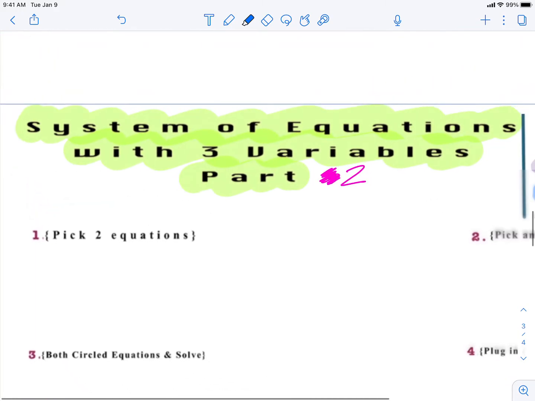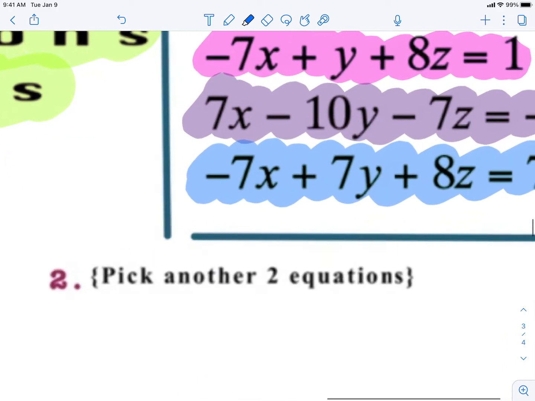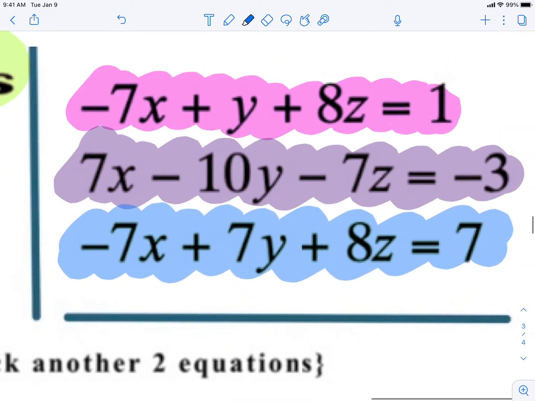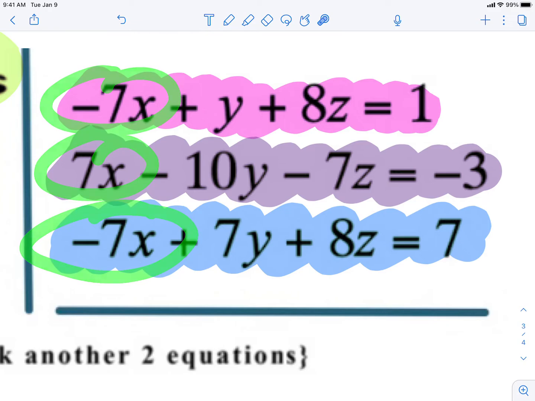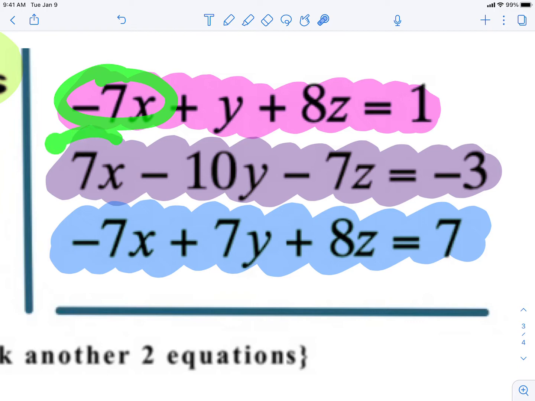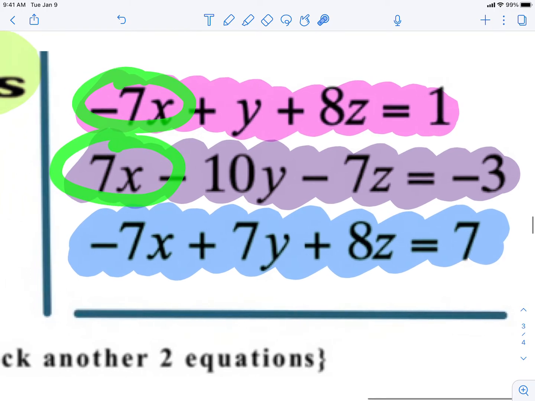Pick two equations. Okay. So I'm going to pick two equations here where one of my variables is going to cancel. So luckily with me, look, negative 7x, 7x, negative 7x. Two of them are going to cancel for sure. Now I need one positive and one negative. And again, fortunately for me, the first equation pink, second equation purple, negative 7x, positive 7x.